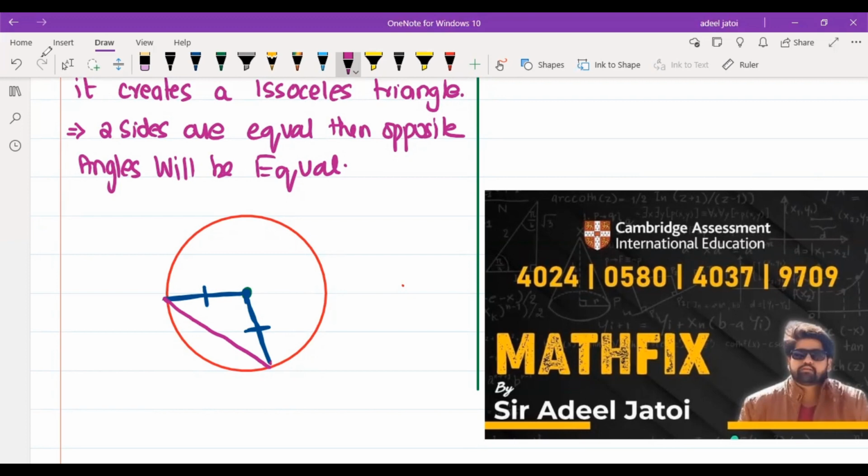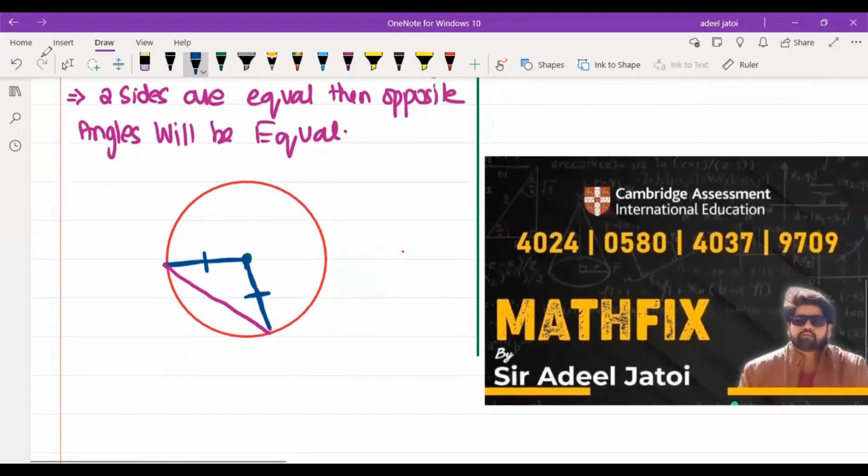But obviously, this non-right angle triangle is your isosceles triangle. When this becomes your isosceles triangle, what we understand is that the angle opposite to the same side will be equal. That means if these two lines are same, then opposite angles will be same as well. If this is x, then this should be x as well. If this is 30, then this should be 30 as well.